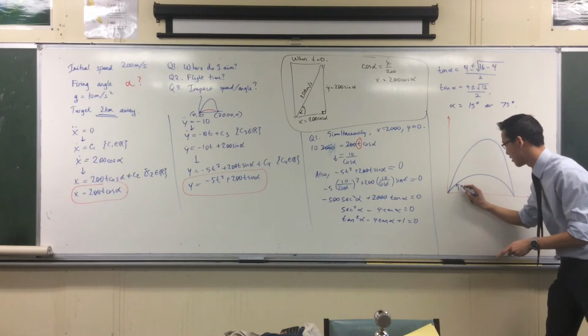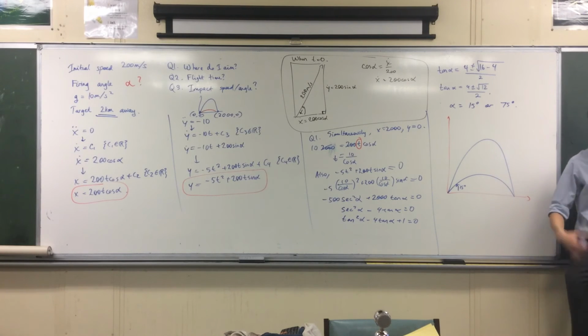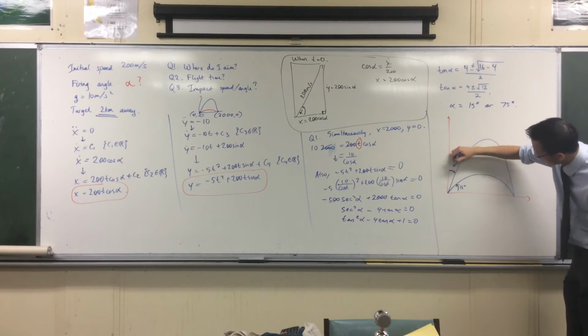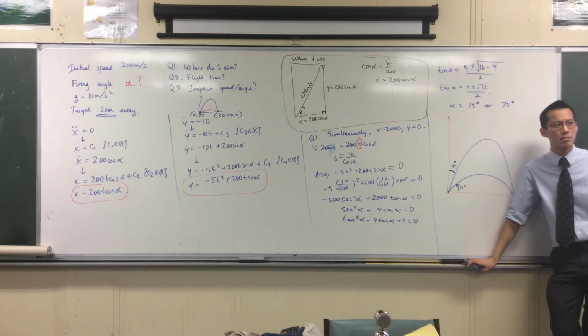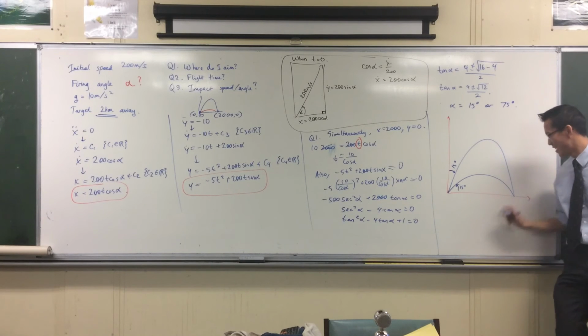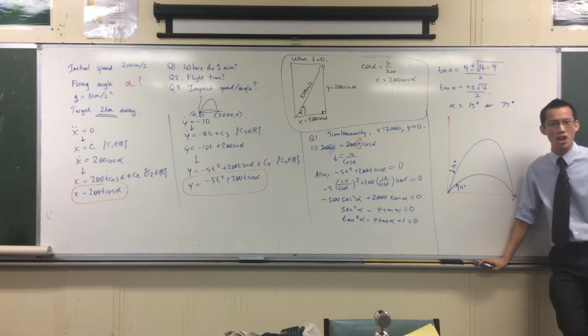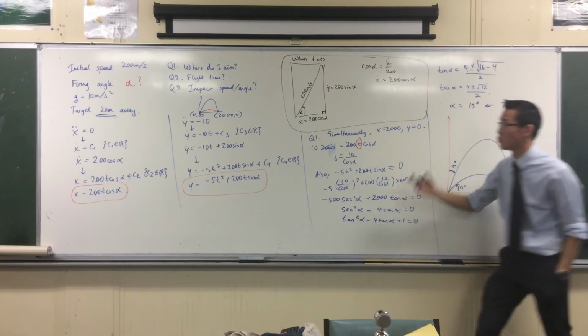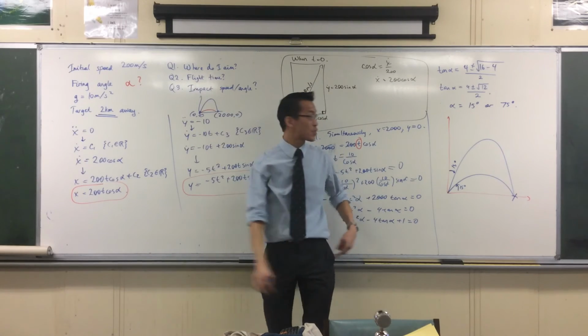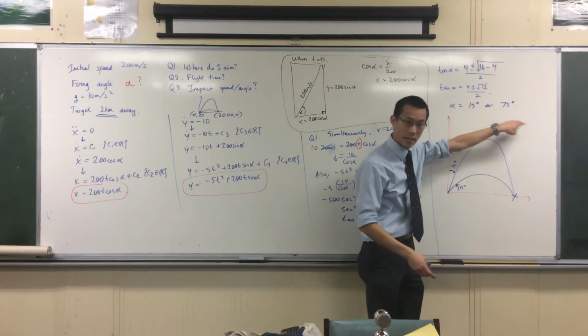It's here. My other angle, because it's the complement, is 15 degrees this way. That's suspicious. I wonder how you could determine whether that was a coincidence or not. I digress. There's my answer. There's question 1. Where do I aim? And the answer is here or here.